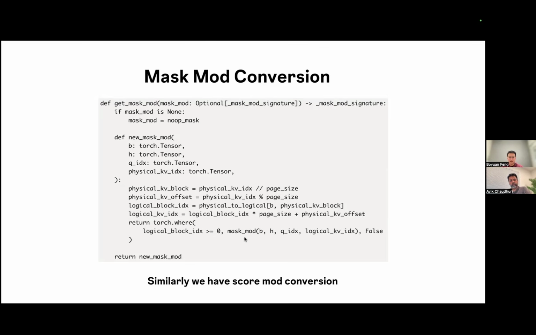And finally, we call the mask mod on this logical KV index, right? This automated conversion makes sure the result is still correct. Also, the user does not need to worry about how to handle this complexity. Similarly, we also have the score mod conversion to convert the score mod.